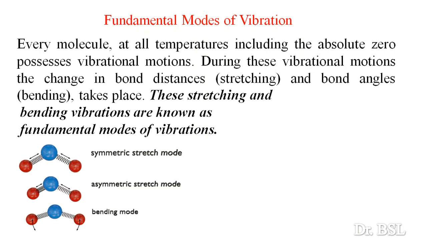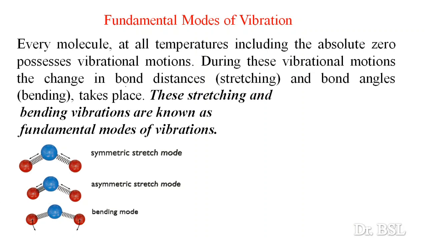And we know, as we have seen in the last lecture, every molecule at all temperature, including absolute zero, possesses vibrational motion. And during these vibrational motions, there is change in bond distance, that is bond length, and bond angle.